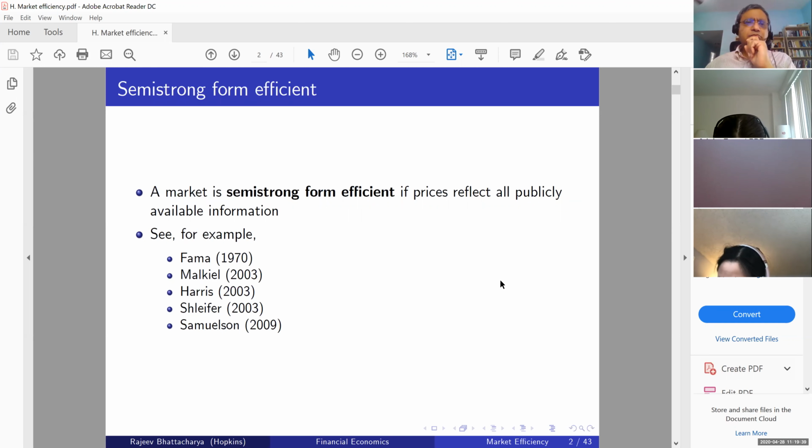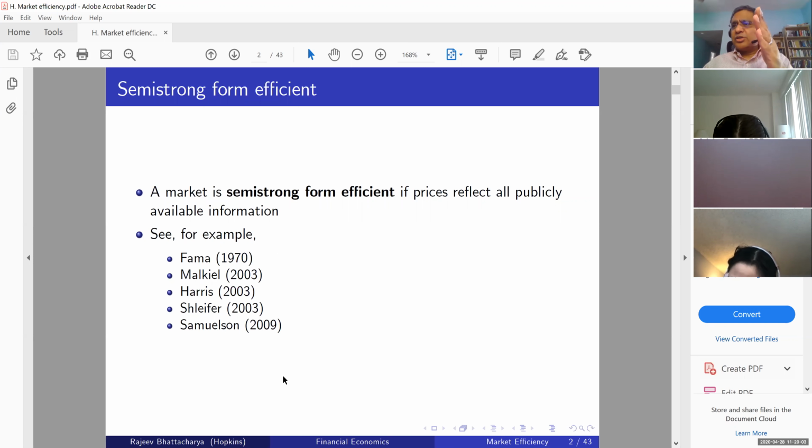There has been an incredible amount of work on market efficiency and deviations from market efficiency, including works that have gotten Nobel Prizes. Gene Fama, 1970, is the classic work on market efficiency. Then you have a lot of more recent work by Malkiel and Harris.